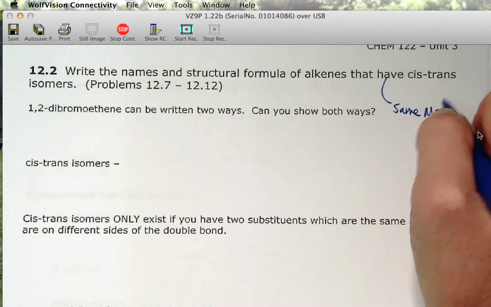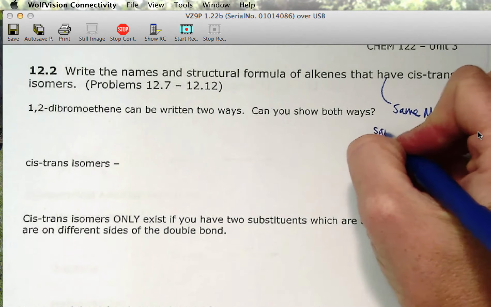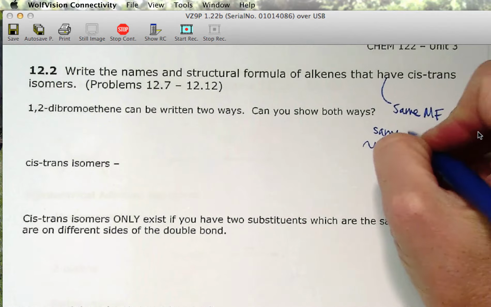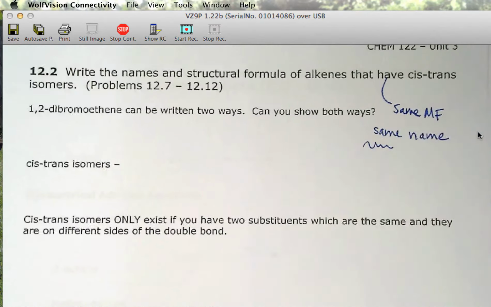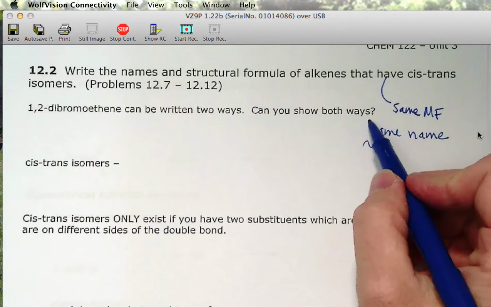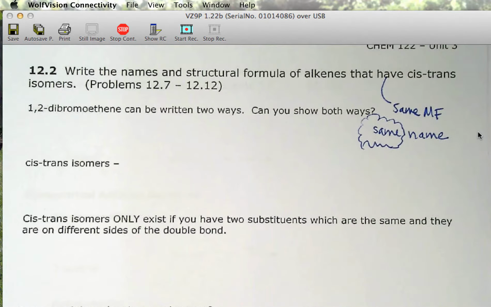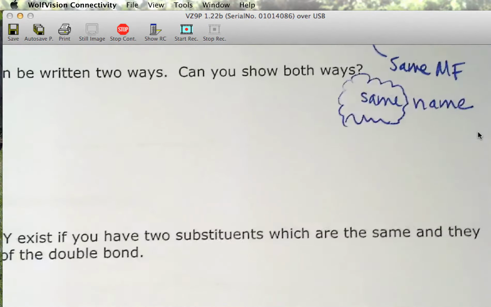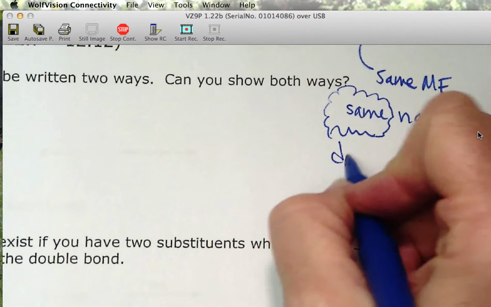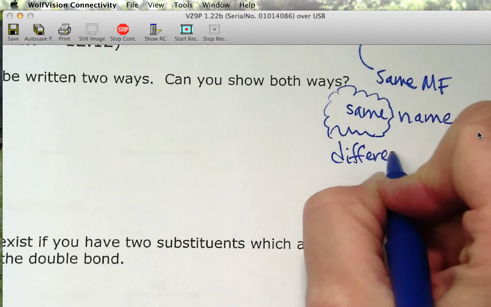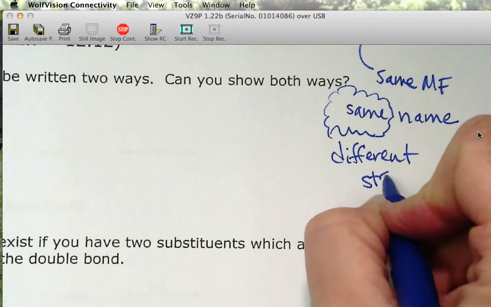Kind of the same name, and you'll see in a second why I say that. Same name, different structures.